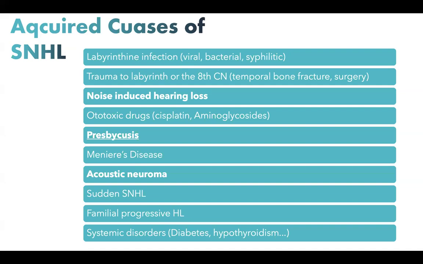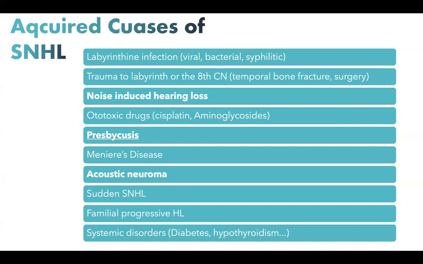Also ototoxic drugs, so for sure you have to ask the patient about their drugs and history, especially cisplatin, which is a chemotherapy. So if the patient tells you that he or she had treatment for cancer at any previous time or in their past medical history, you could suspect they were under cisplatin.